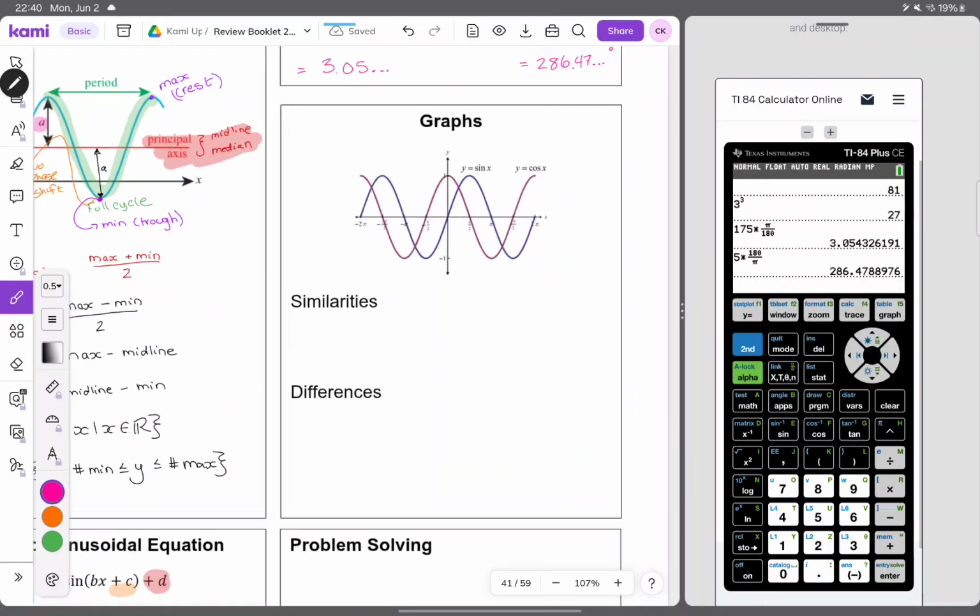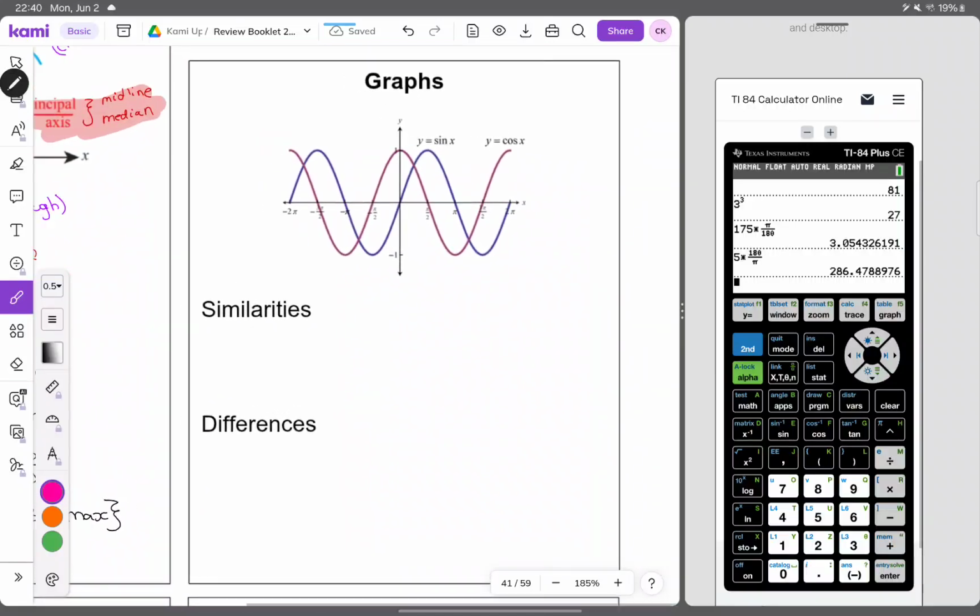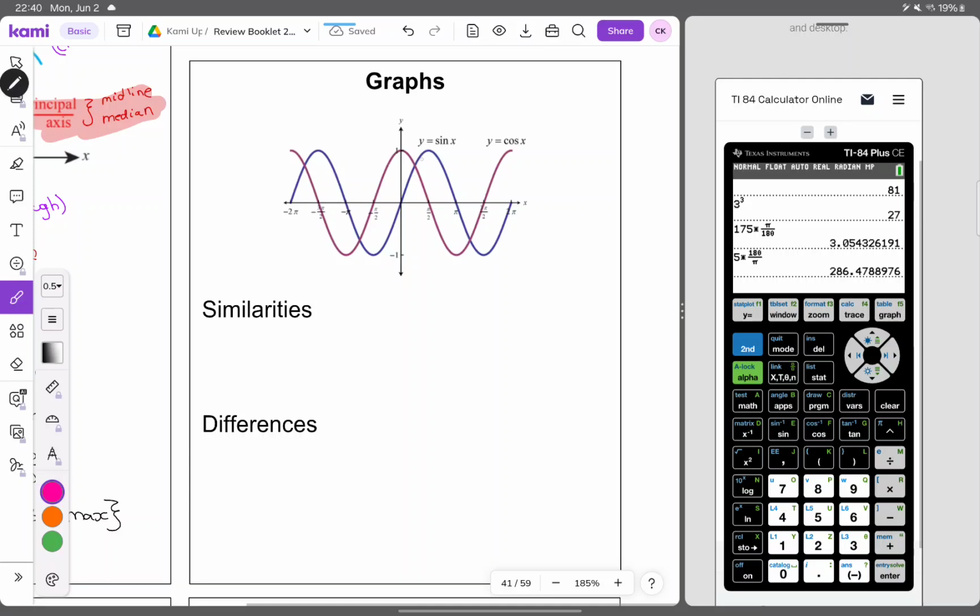So cosine and sine graphs are very similar. Like I said, in this course, we mainly deal with sine, but sometimes they'll ask an odd question about cosine. So the similarities between these two graphs, if you notice, they have the same max and min. So we have the same max of y equals 1.